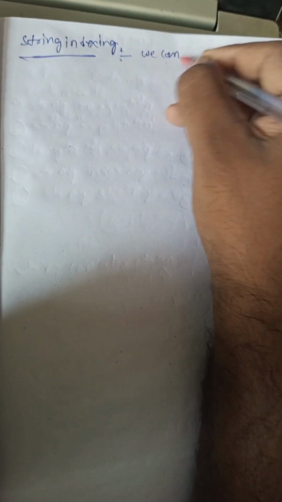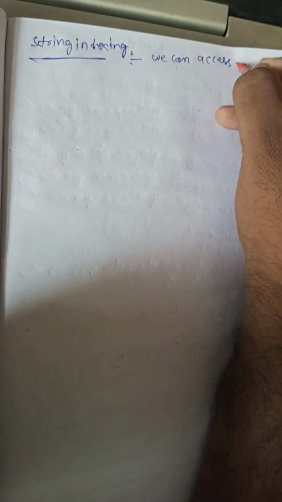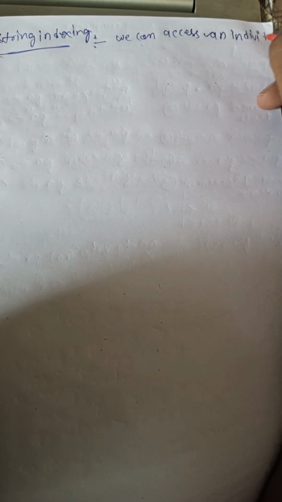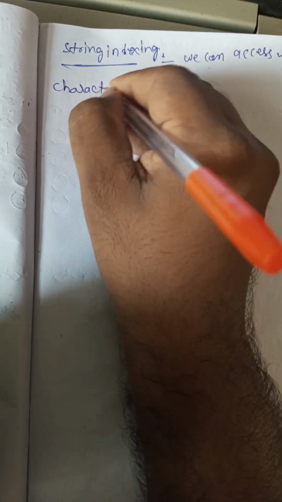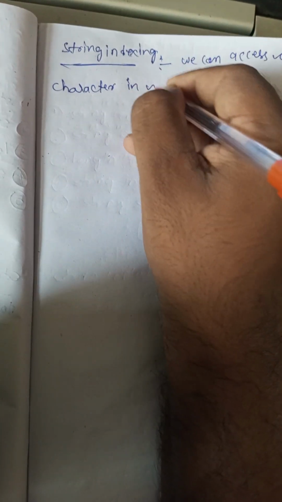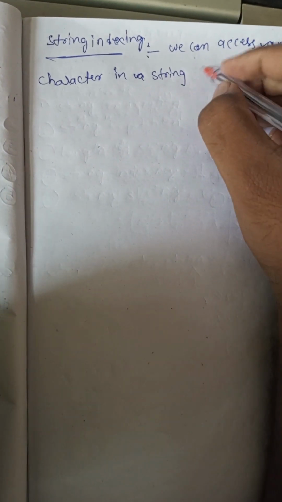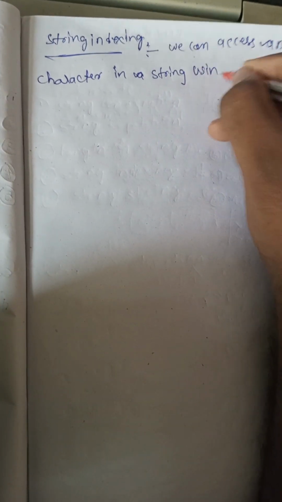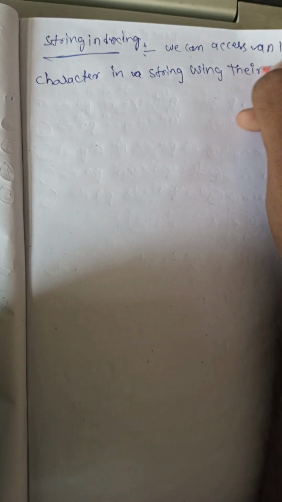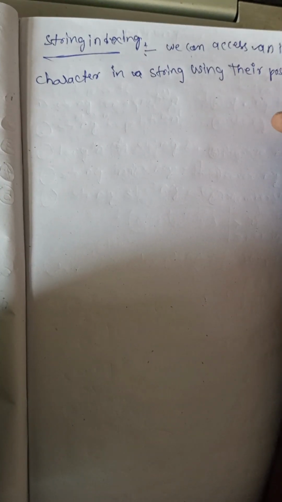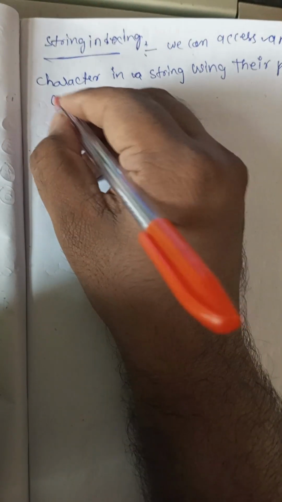See, I am writing. We can access individual characters in a string using their positions, which start from 0.